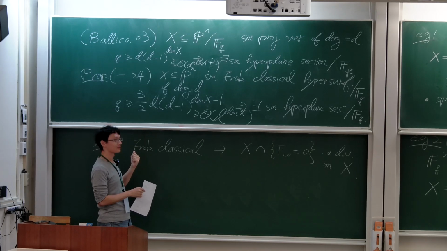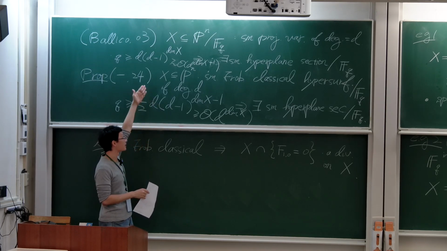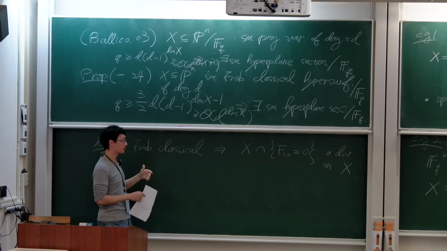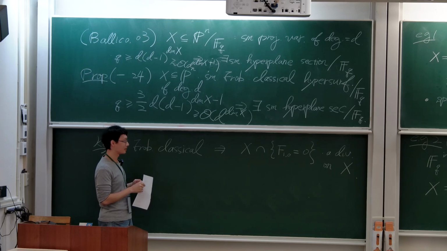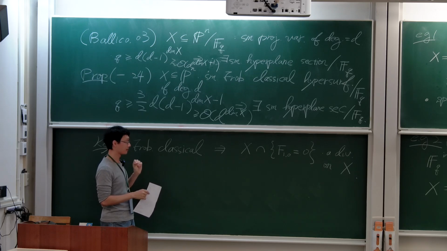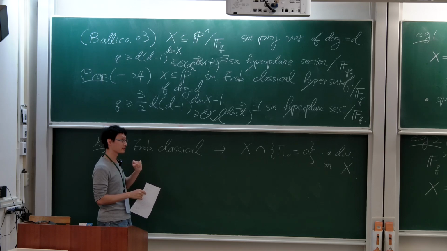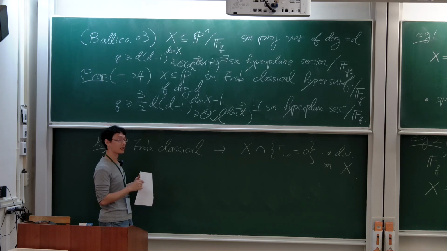In order to get some smooth hyperplane section, the method here, no matter here or there, is to try to bound the number of tangent hyperplanes. A tangent hyperplane is tangent to X on some special locus. This condition allows us to bound the number of rational points on this special locus, which in turn allows us to bound the number of tangent hyperplanes.